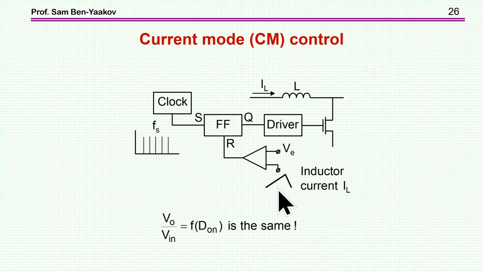Now, this process does not depend on the voltage here. It's just looking at the current of the inductor. When it gets to a certain value, it changes the state of the gate drive. So therefore, a current mode controlled PWM converter should not be sensitive to the gain margin.